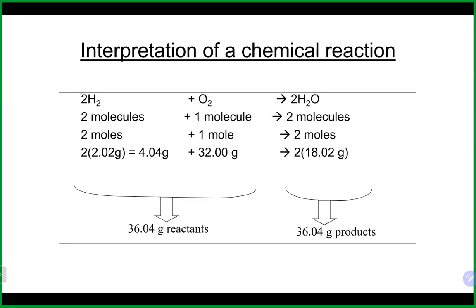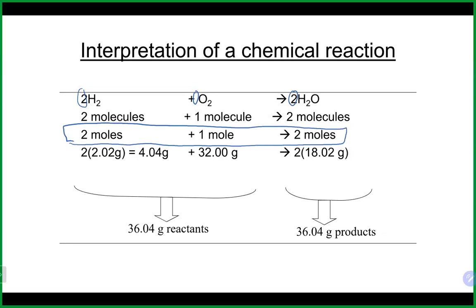One way here, we could look at these numbers and consider them molecules in this case, since all these guys are molecules. So that would be 2 molecules of H2 react with 1 molecule of O2 to give us 2 molecules of H2O.